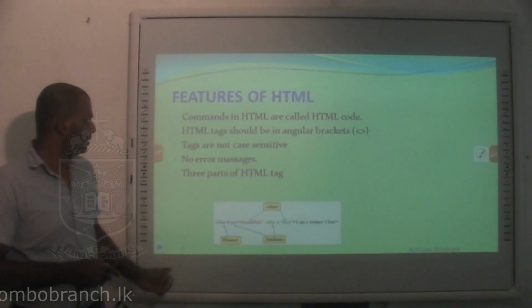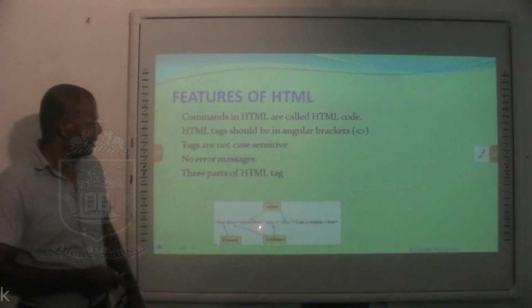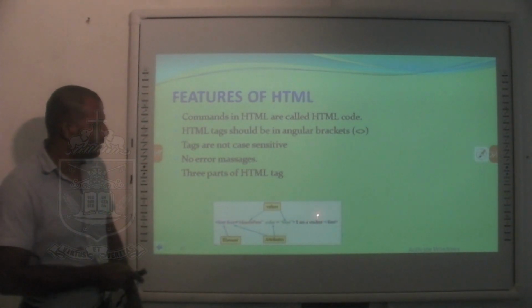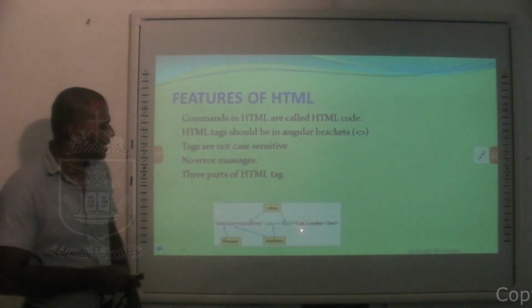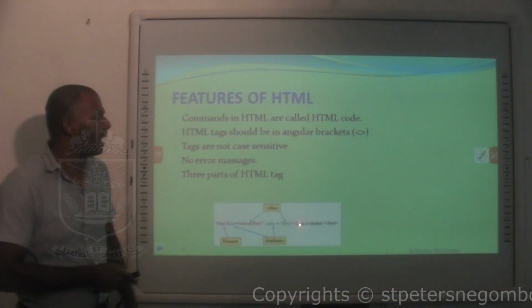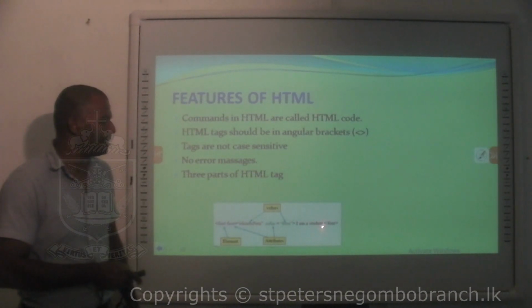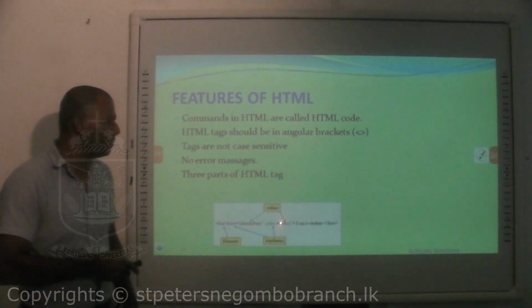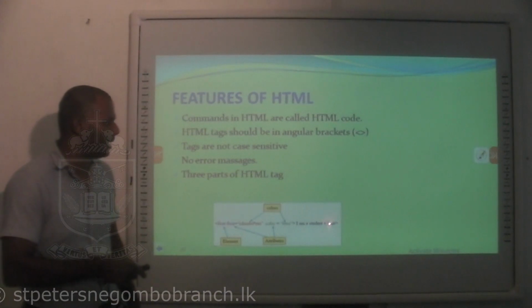This is the start tag, this is the end tag, and this is the text that should display on your web browser. I am a student. The text should be in between the start tag and the end tag.